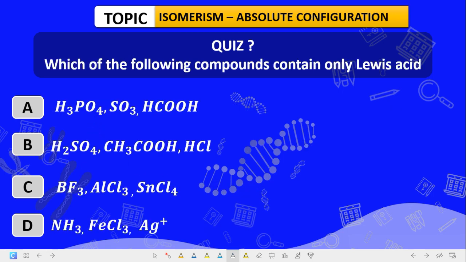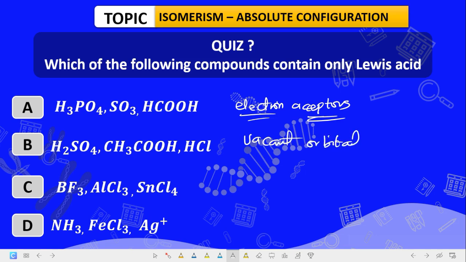Now, which of the following compounds are only Lewis acid? I said Lewis acids are electron acceptors. Now, before they can be electron acceptors, they have either a vacant orbital or they have a positive charge.